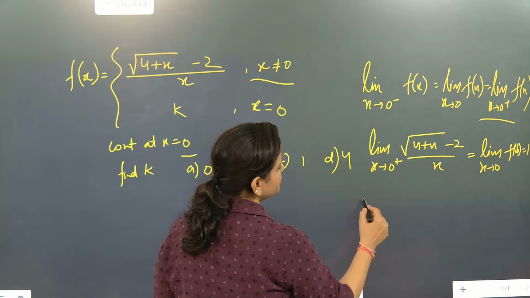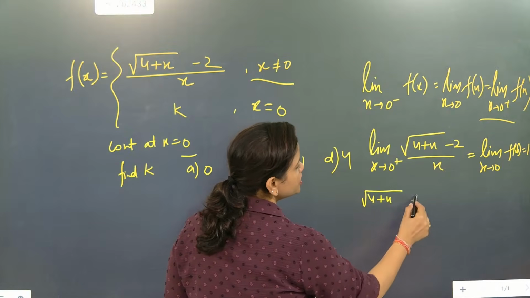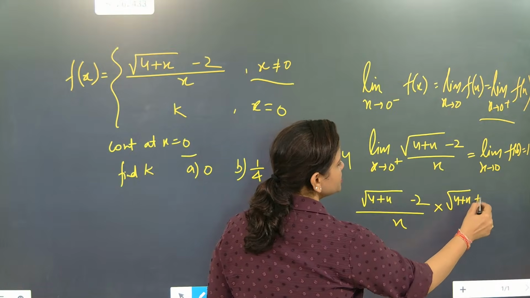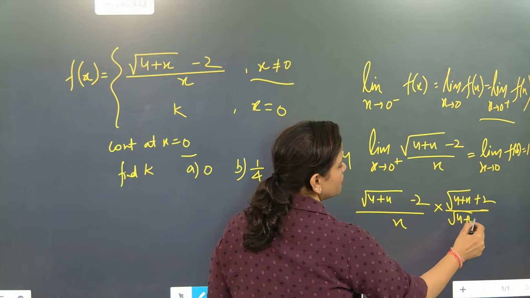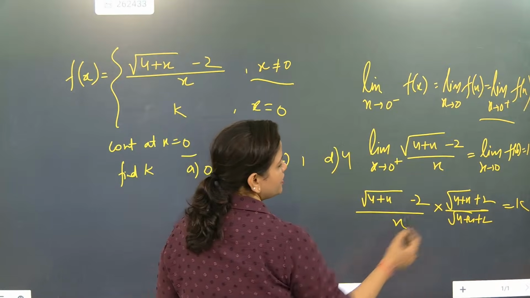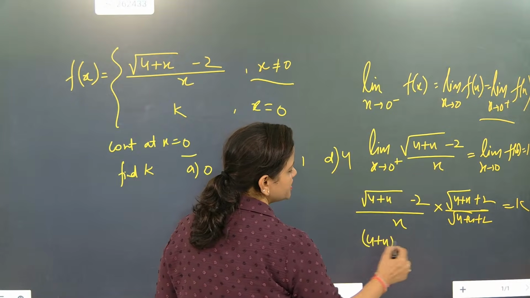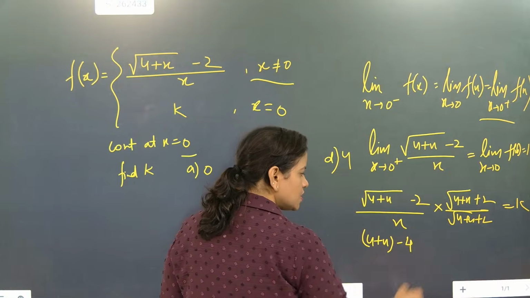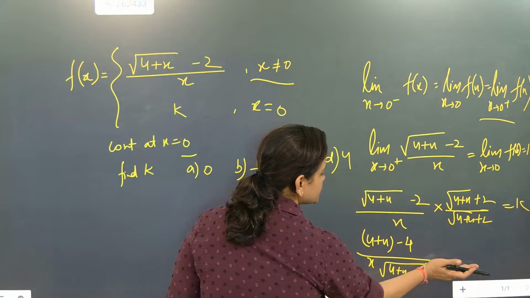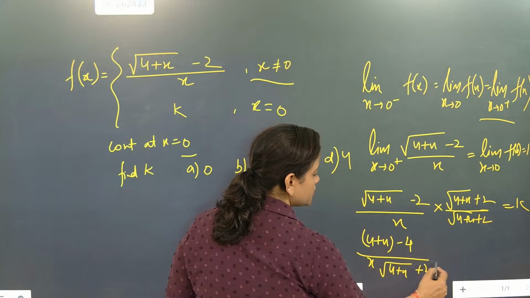Since it is an MCQ question, directly rationalize with square root of 4 plus x plus 2 equal to k. This is a minus b, a plus b, so it will become 4 plus x minus 4 by x times (square root of 4 plus x plus 2).